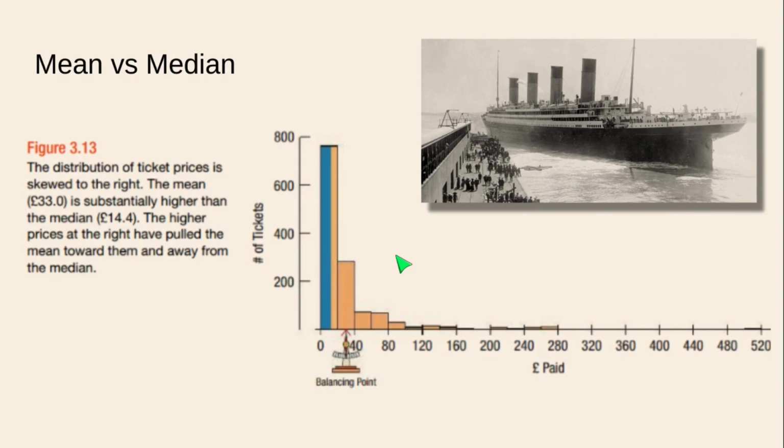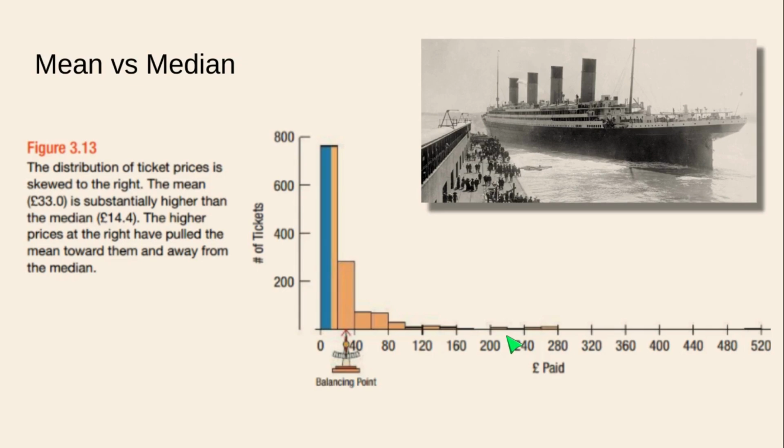Where the blue turns to this orange color over here, that is the dividing line marked by the median. All right, if we were to count to the middle, the median price would be between 0 and 20 pounds. But these really expensive tickets over here, those are pulling the mean in their direction.